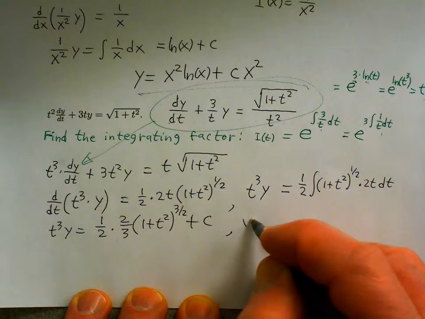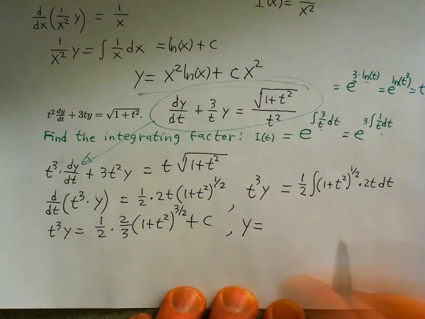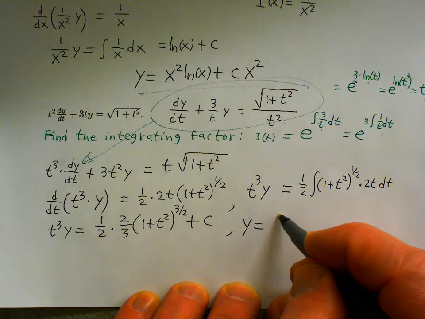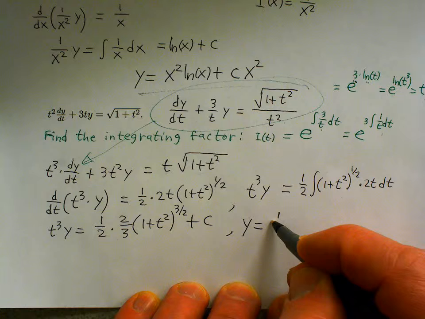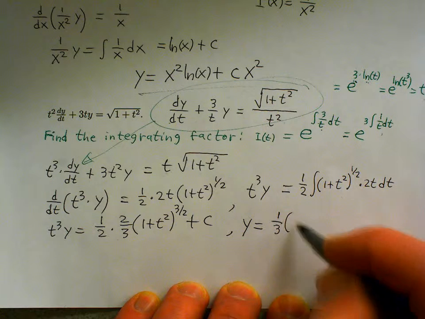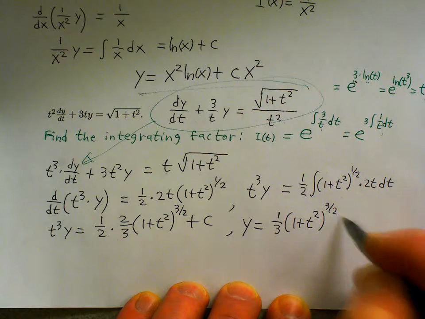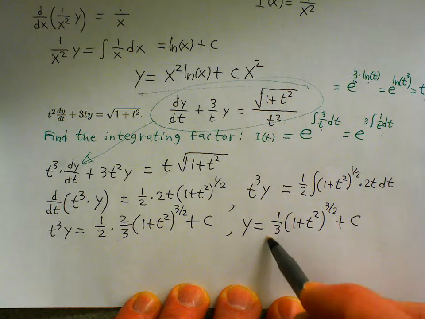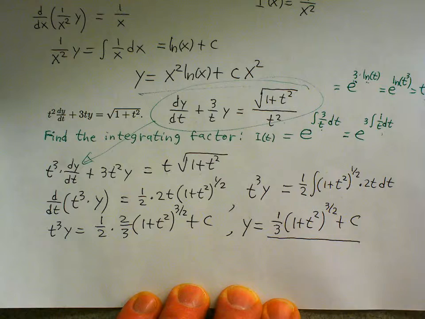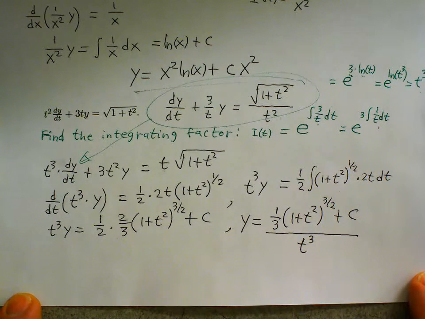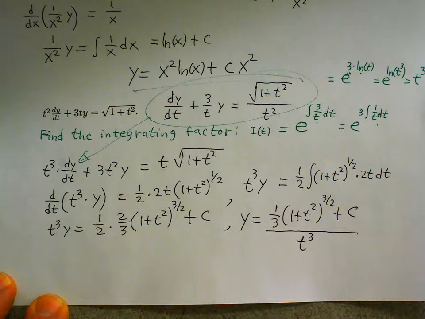And so y is equal to, depending on how you want to write it, I'll write it as 1/3 times the quantity 1 plus t to the second to the 3/2 plus c, all divided by t to the third. Okay, that's good enough for what we want.